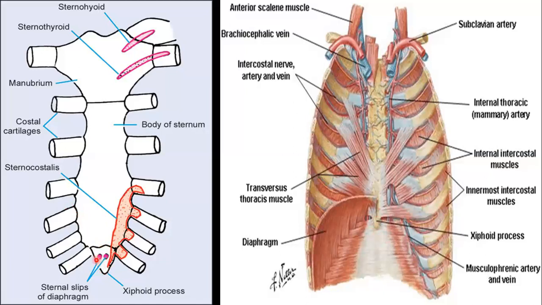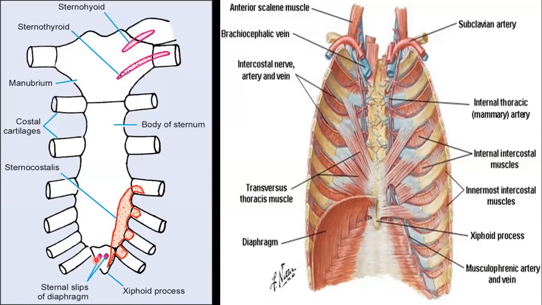So the parts which we need to remember for the xiphoid process: it is a variable part, it is a cartilaginous structure, it is normally less ossified in adults, and it is the continuation of the lower end of the body. It can be palpated or it is present in our epigastrium.